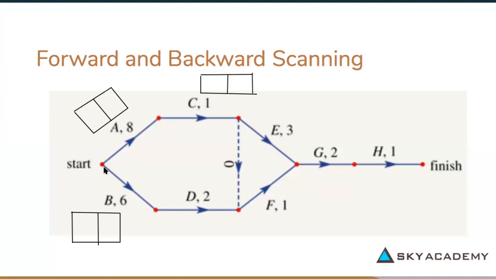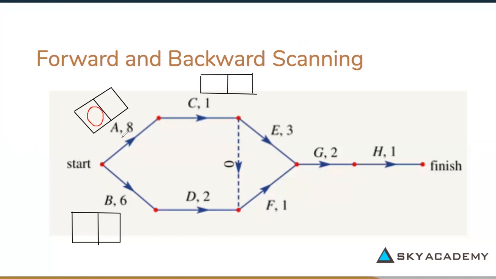If we have a look at A, what comes before A is nothing. A has no immediate predecessors, which means the earliest time that we could start A is at 0. We can start it as soon as possible.